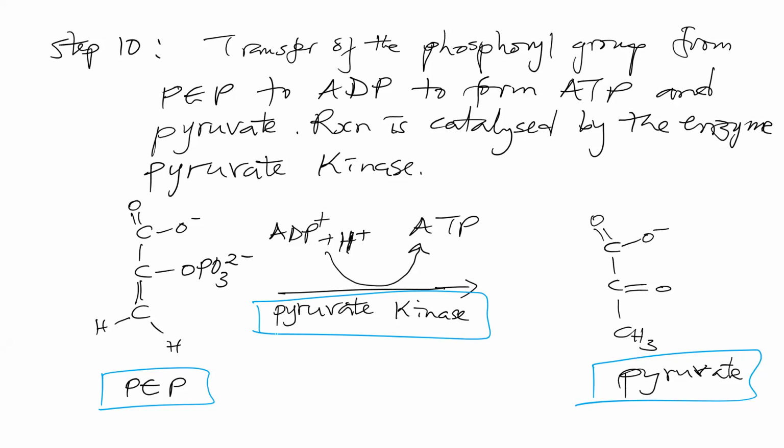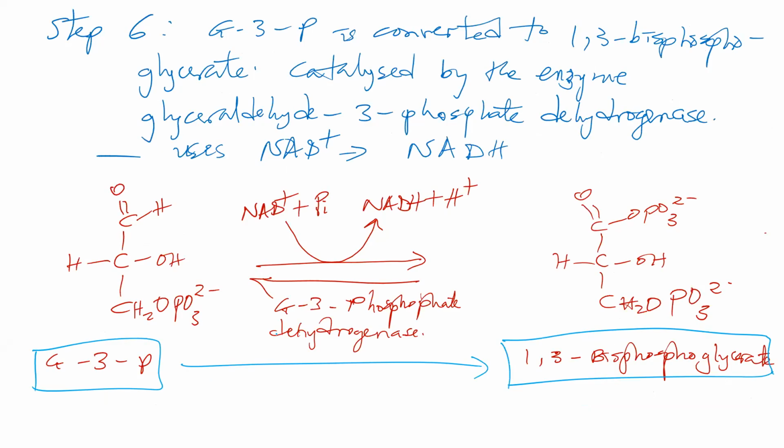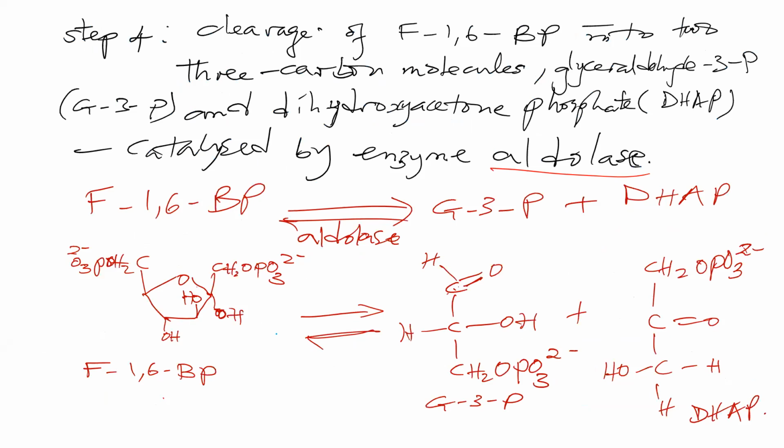From step number 5, if you recall, or we can start from step number 4. In step number 4, we said we break down the fructose 1,6-bisphosphate into 2 three-carbon molecules.